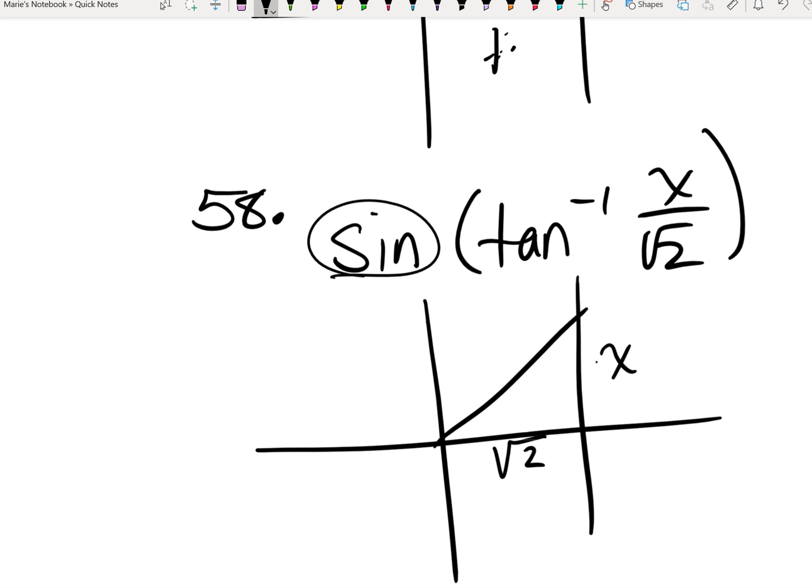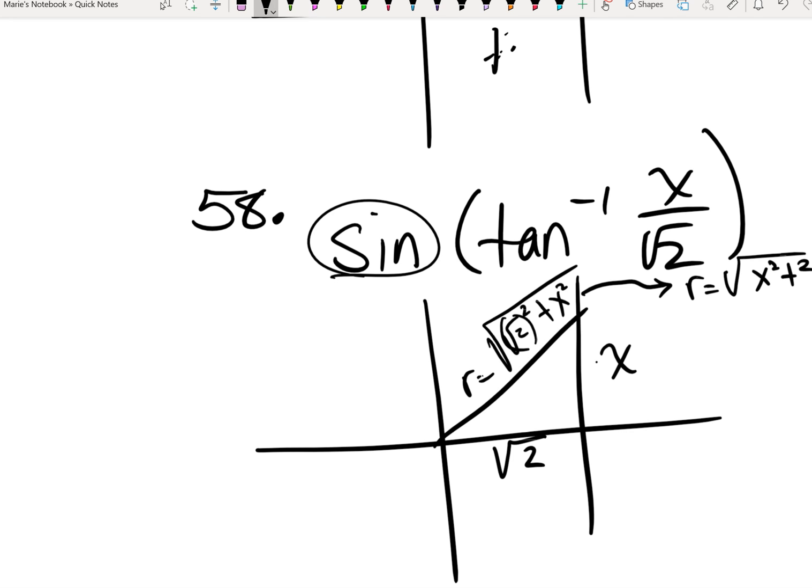If I need to find sine, I have to find r. And r is going to be equivalent to the square root of the square root of 2 squared plus x squared. So technically my r value is the square root of x squared plus 2.